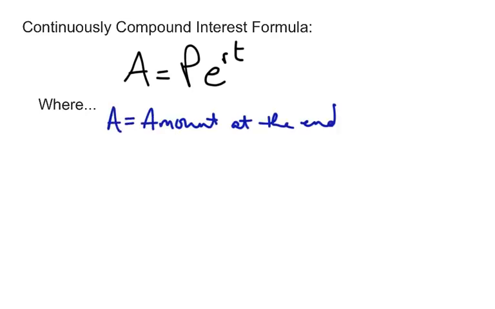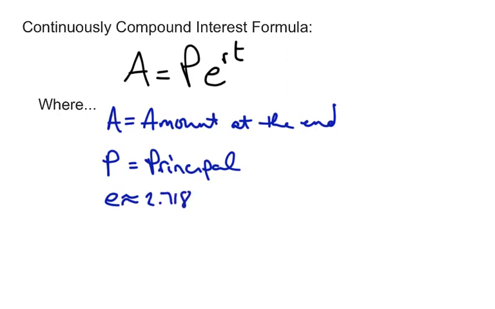A is the amount of money in an account at the end. P is the principal. That's the starting amount. e, of course, just like before, is 2.718. r is the annual interest rate, and t is time. And this time has to be measured in years.